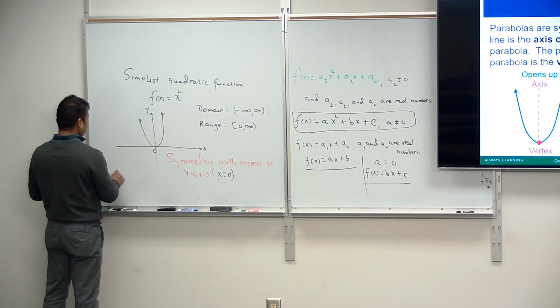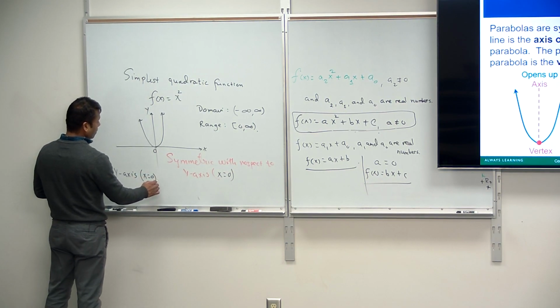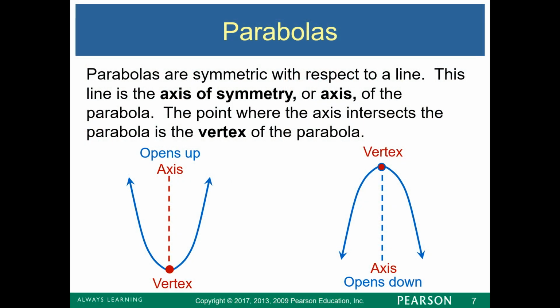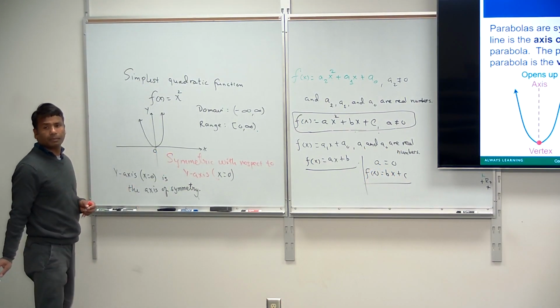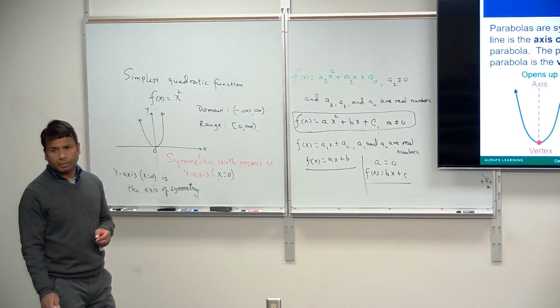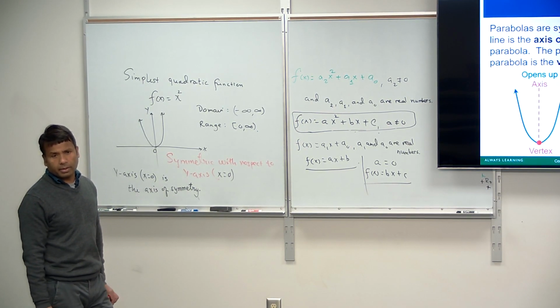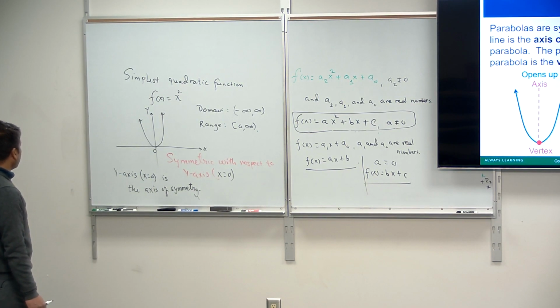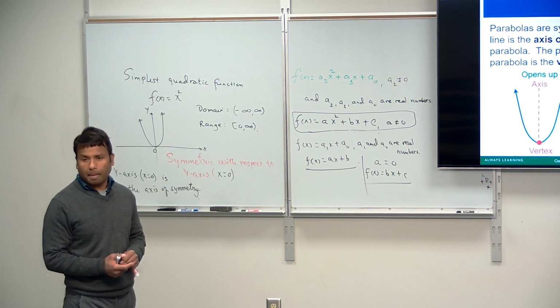So this y-axis, which is x equal to 0, is the axis of symmetry. Make sense? Y-axis or x equal to 0 is the axis of symmetry. Or simply you can say axis of the parabola.